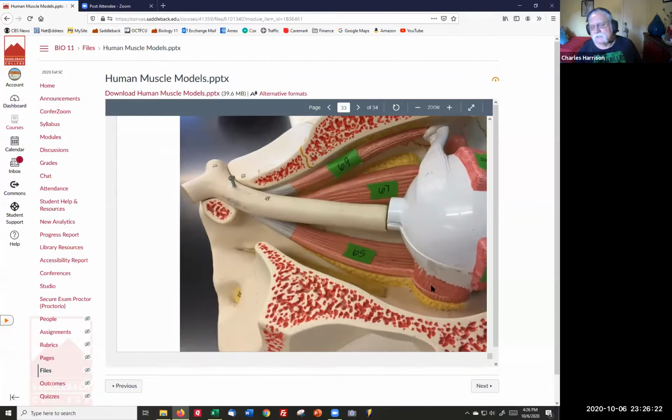And that's the inferior oblique. The superior and inferior obliques both abduct the eye, but the superior oblique also turns the eye down, and the inferior oblique, just the opposite, turns the eye up.